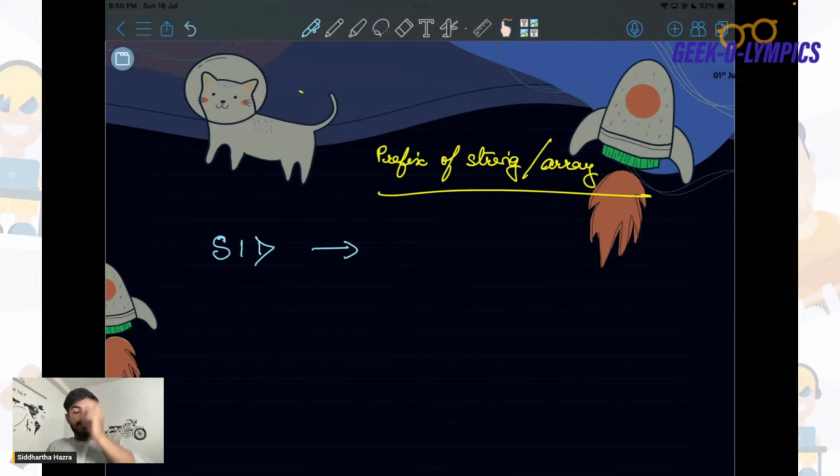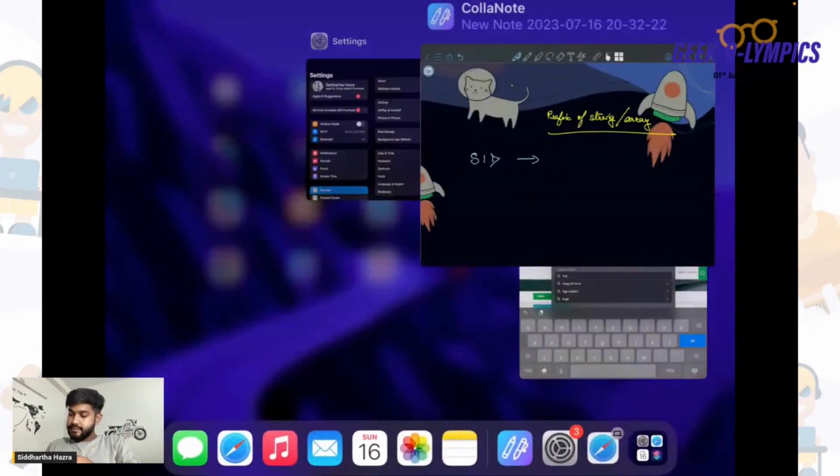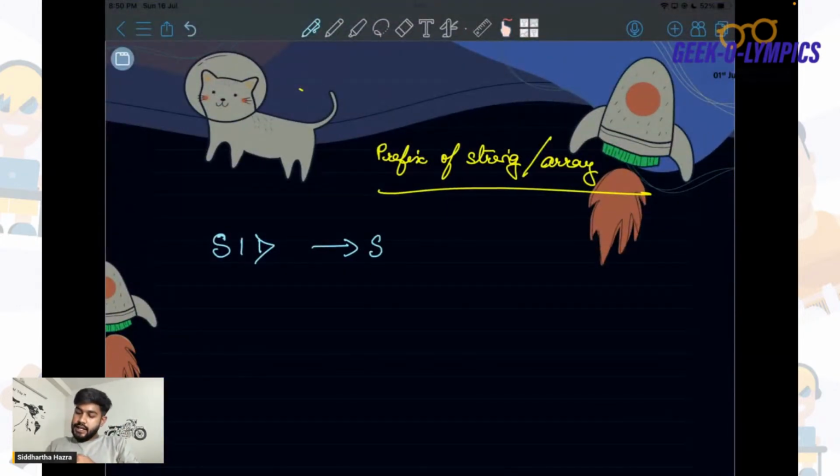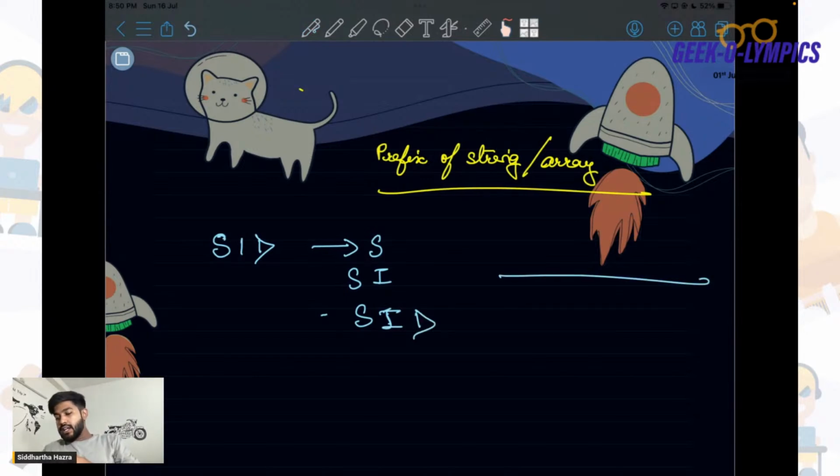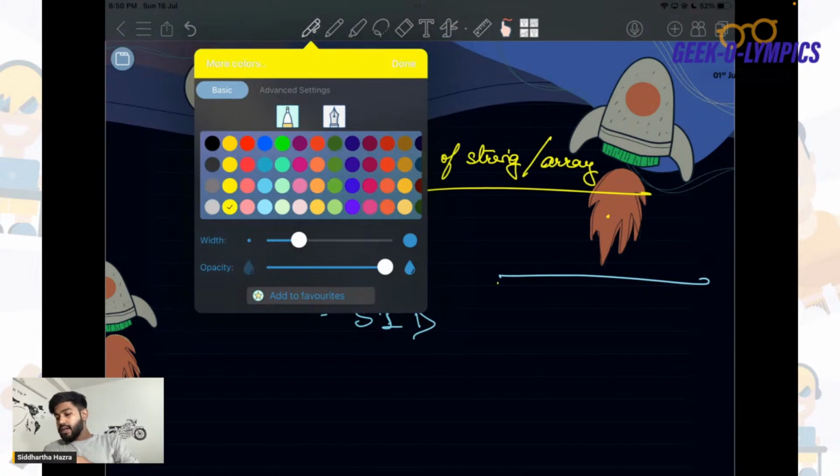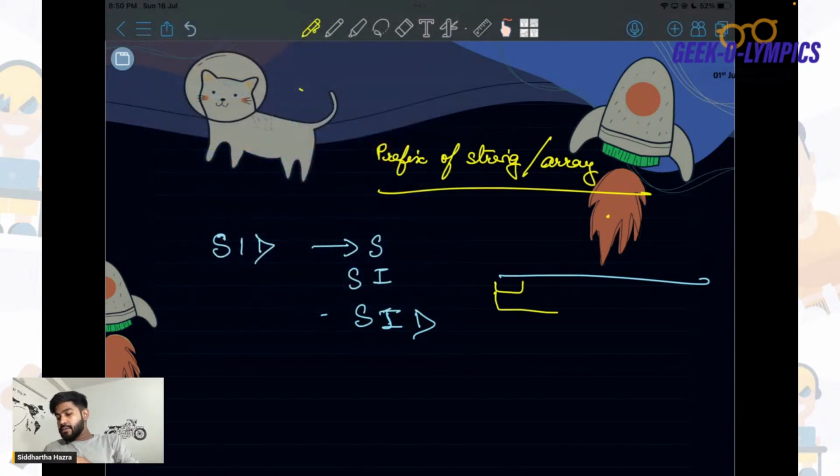The prefixes of SID are S, SI, SID. It can be visualized like this. Suppose this is a very long string, so this would be one prefix, this would be the second prefix, this would be the third prefix.